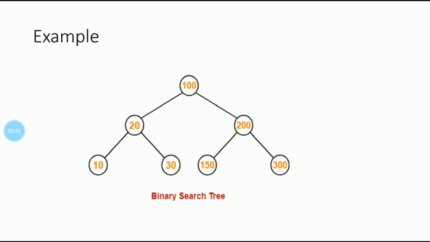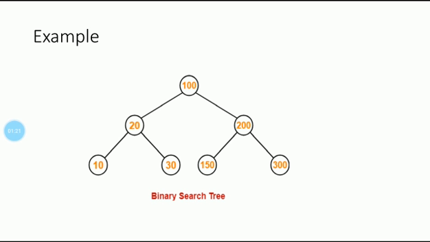And today my agenda, along with the explanation of these in-order, pre-order and post-order traversals, is to demonstrate a program on how to create the binary search tree and perform in-order, pre-order and post-order traversals on the BST. So along with this example, I'm going to demonstrate the code.